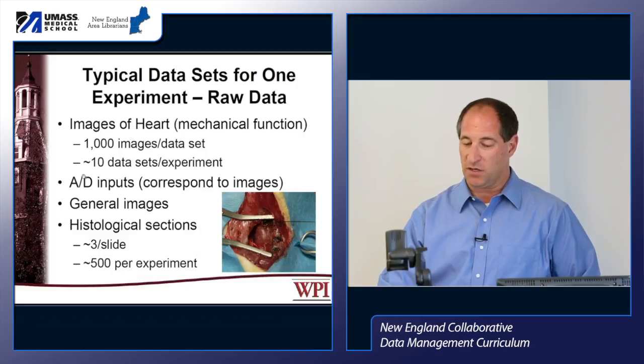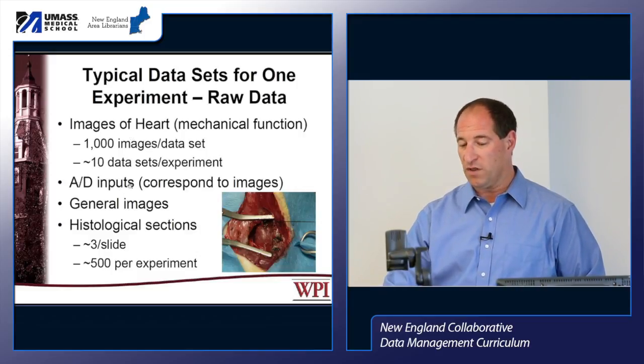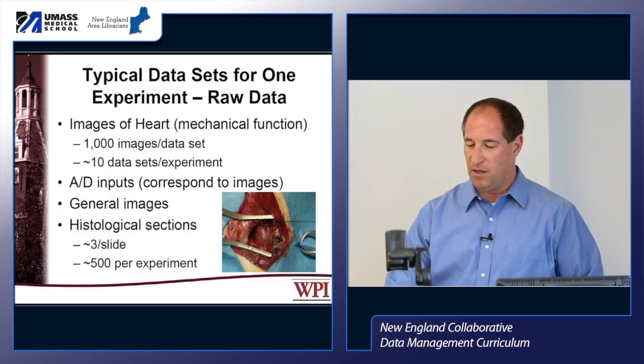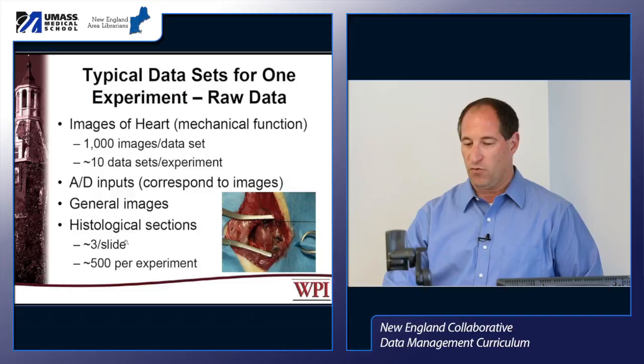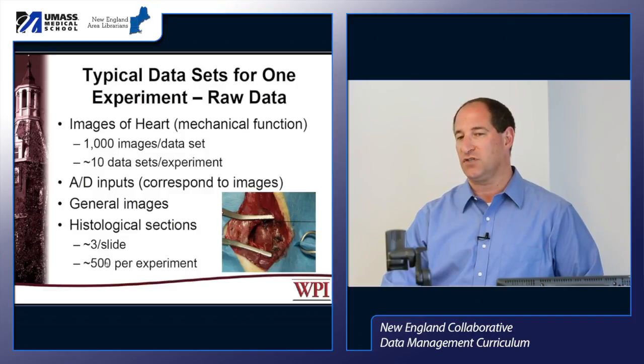We also take an analog to digital input, so we'll take the left ventricular pressure, for example, and we want to know what the left ventricular pressure is at each time we take one of these images. We also take the general images, which you see here on the right, and then we take our histological sections. We generally will take 3 sections and put them on a slide, and one heart will give us about 500 slides.